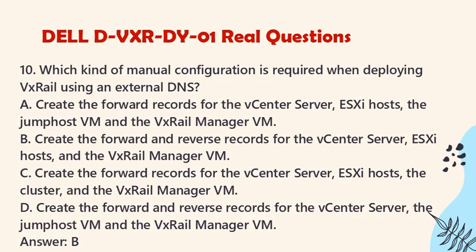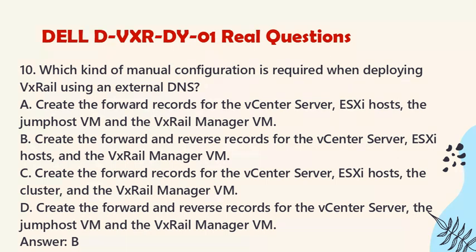10. Which kind of manual configuration is required when deploying VxRail using an external DNS? A. Create the forward records for the vCenter Server, SC hosts, the jump host VM, and the VxRail Manager VM. B. Create the forward and reverse records for the vCenter Server, SC hosts, and the VxRail Manager VM.